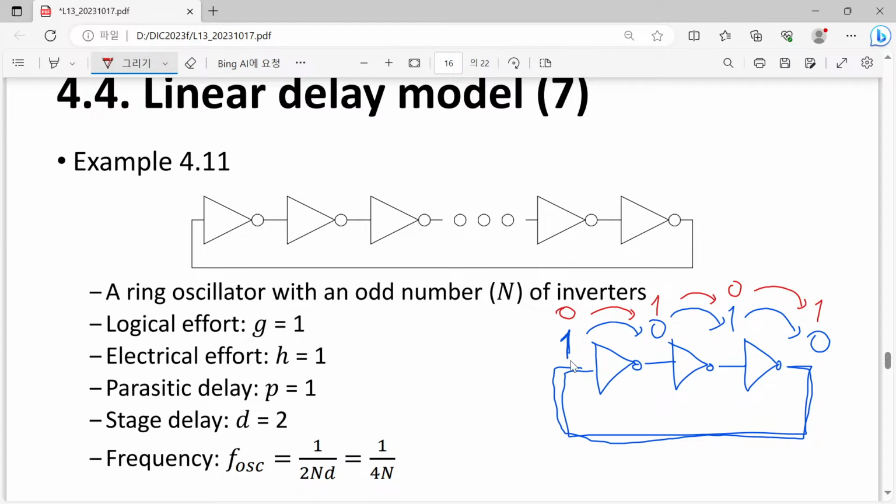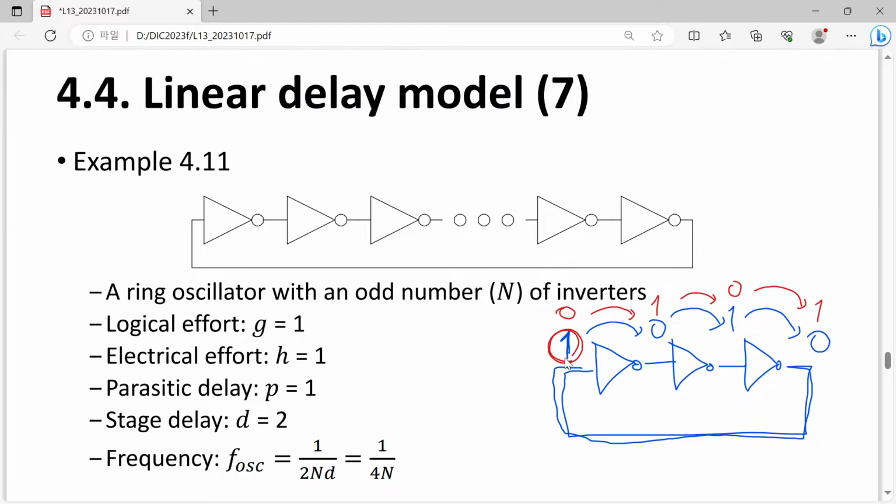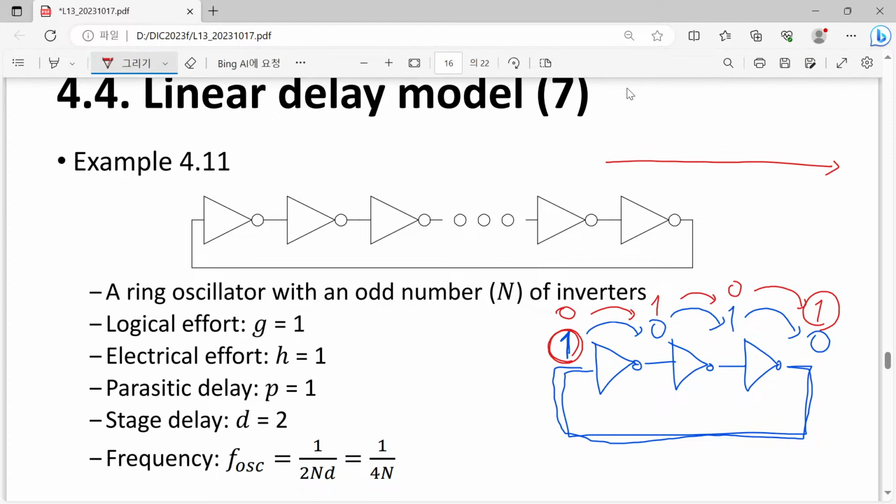So starting from number 1, after some time later, we have once again 1. It means that, please have a look at it. So starting from when we just measure our input voltage as a function of time, when t equals 0, let's say that this becomes 1.